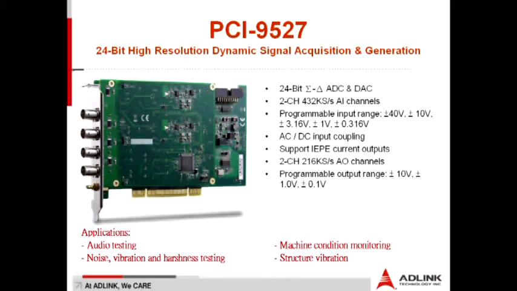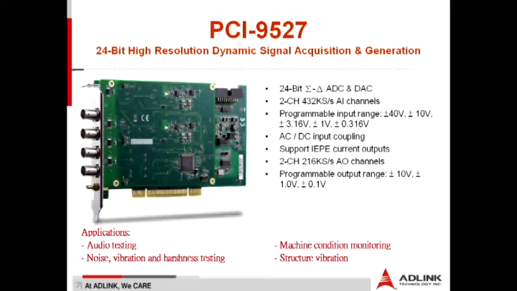In terms of the entire application field, PCI 9527 is equipped with the basic functions needed for audio signal and vibration testing. The biggest difference is the average sampling rate of similar products only reaches 200 kS/s, but PCI 9527 is equipped with an ADC sampling rate as high as 432 kS/s.